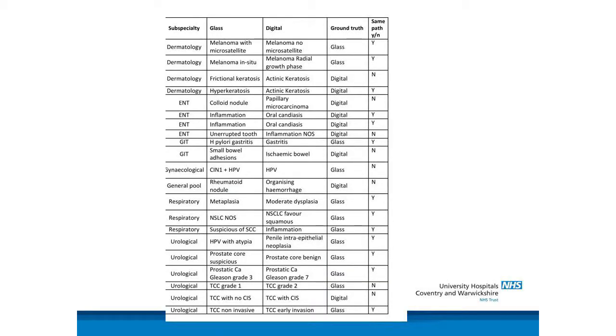Where we did have differences, I think there were 23 in total, which are clinically significant differences. The majority of those were pretty typical for cases which have just been re-examined by a pathologist and something new seen that wasn't seen the first time around. And they're listed here for you.